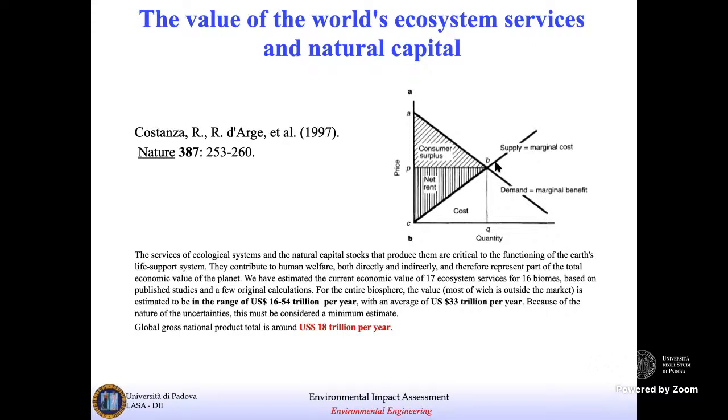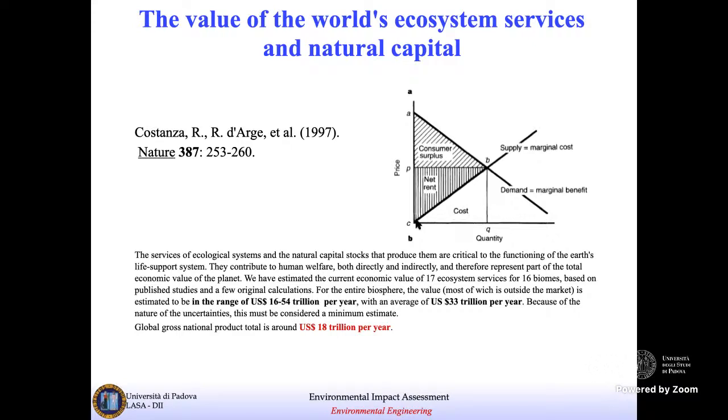This model is, of course, too simplified, especially when we deal with ecosystems, when we deal with ecological products. For example, typically the cost of an ecological product tends to rise more than linearly, tends to rise vertically.